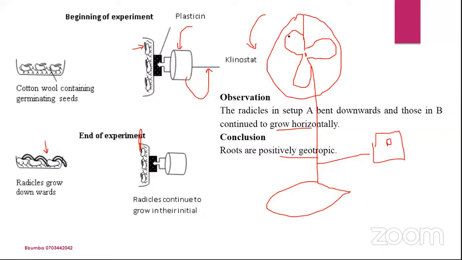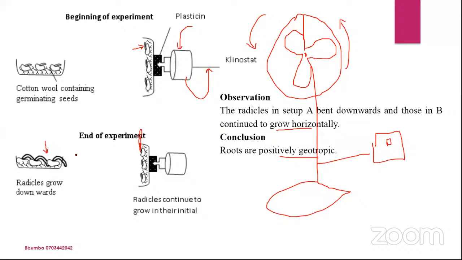So a clinostat also is like a fan, but remember where you have put this, you have placed the seeds horizontally, so it's going to be rotating the seeds. Now these seeds, the radicles, are experiencing equal gravitational pull as they rotate, just like a fan rotates to give you air. That is what this thing does.